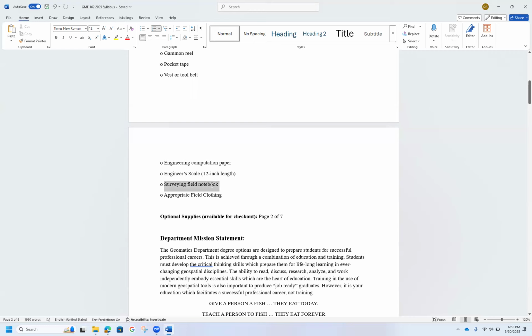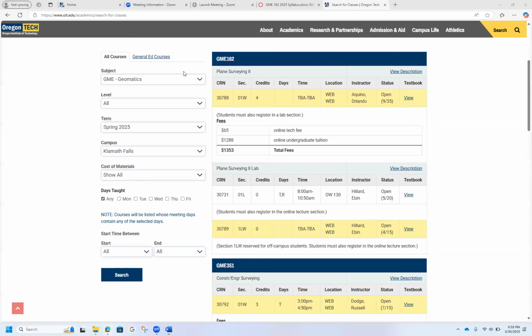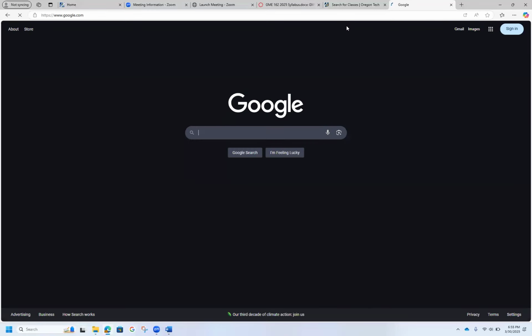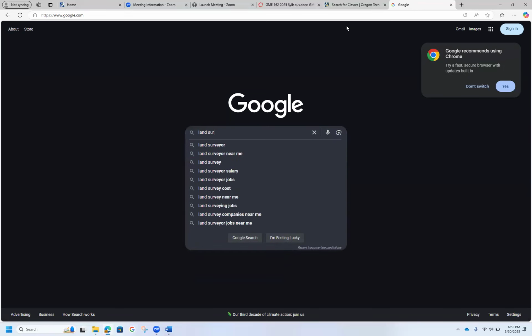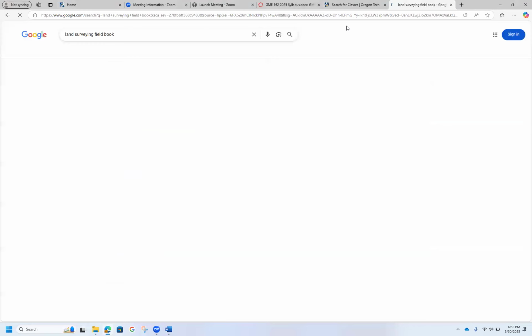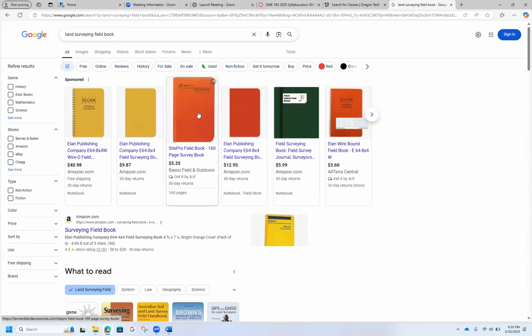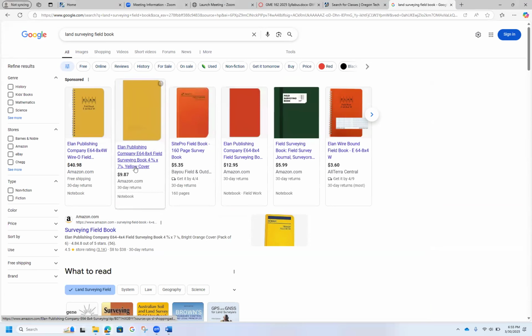This is going to be required: the surveying field notebook. You can pick those up at the Oregon Tech library. Let's just do a quick Google search here. The land surveying field book, yep, those are kind of the ones. There's one called Rite in the Rain or something like that.